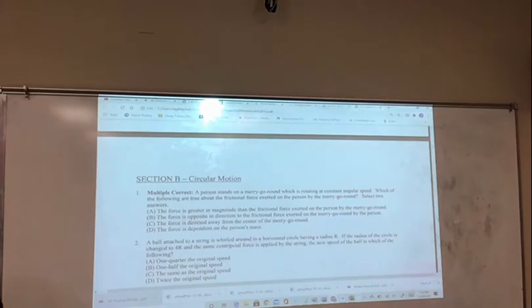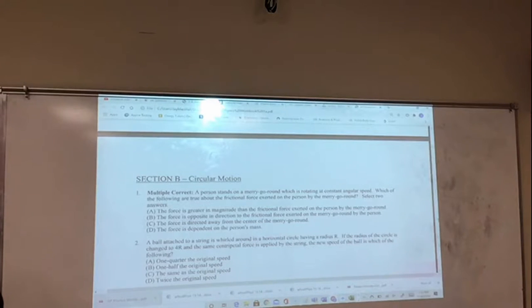And then the force is dependent on the person's mass. Okay? Force equals mv squared over r, right? So whatever that frictional force is, we could calculate it. We could set mv squared over r equal to mu Fg. So is it dependent on the person's mass? The specific force is dependent on the person's mass, isn't it?